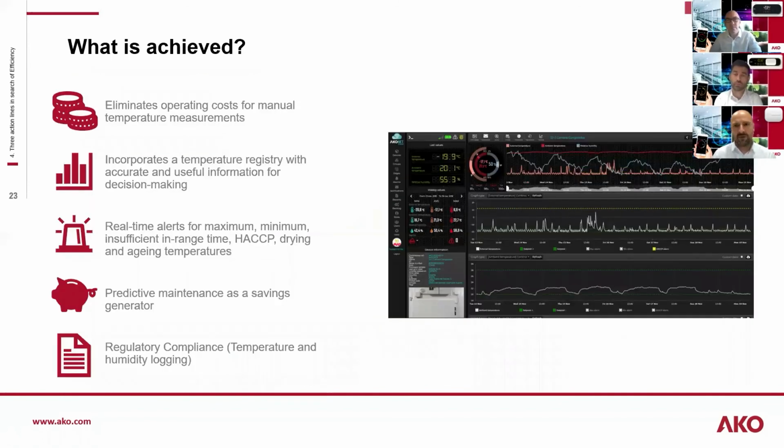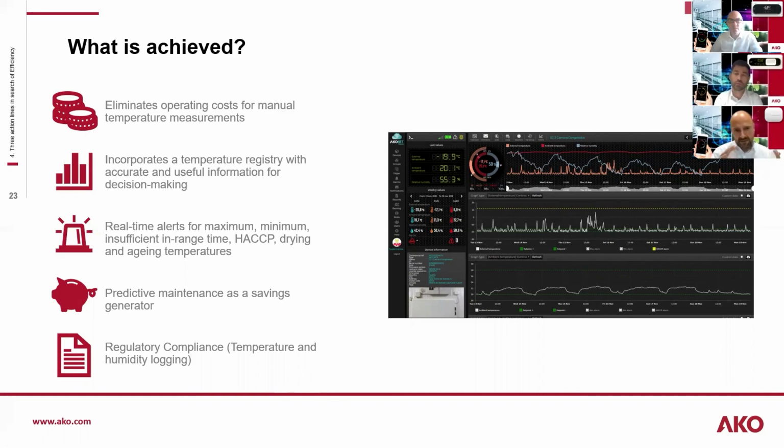So what do we achieve with these kinds of devices? Well, first, and very important, a lot of people are taking this registration manually. We avoid this kind of manual registration, and we introduce a system, very easy to install, very non-intrusive, that can be plugged in, played, and get instant data in my platform.